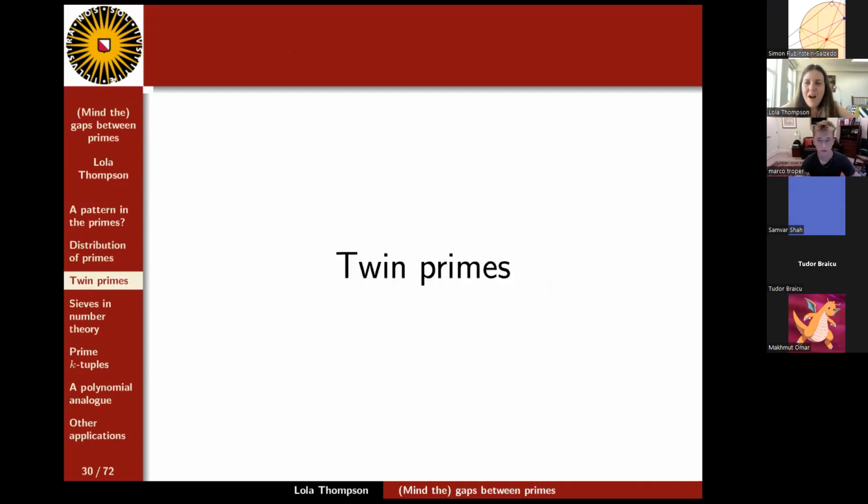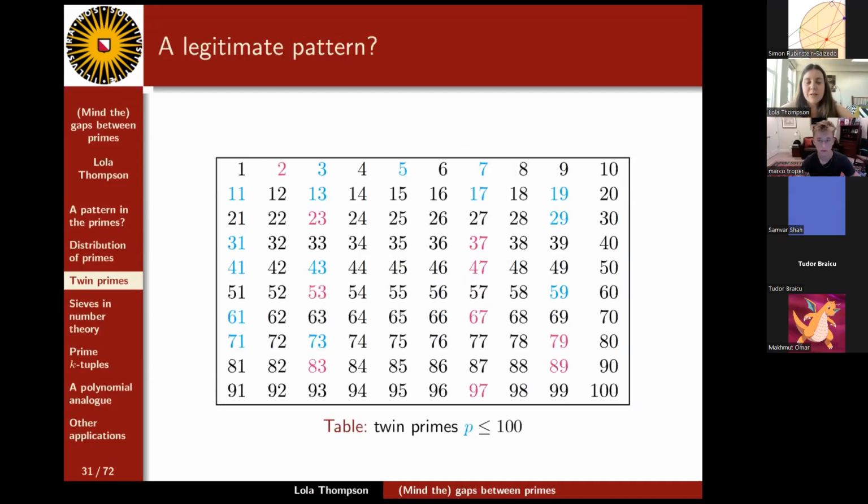Anyway, all right, so now what I really want to focus on in this talk is an object called a twin prime. This, of course, is tied with a famous conjecture, but let's first look at twin primes. So I went back into my chart from earlier, and I just highlighted all of the pairs of primes that differ from each other by 2. Those are the blue ones.